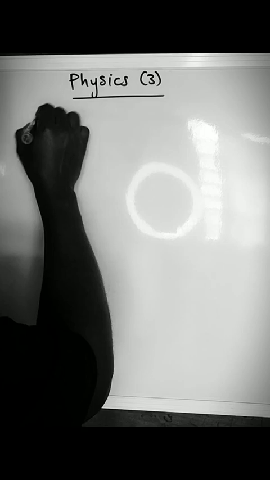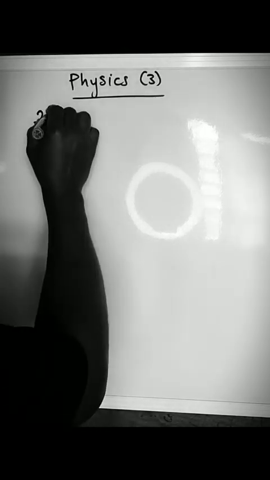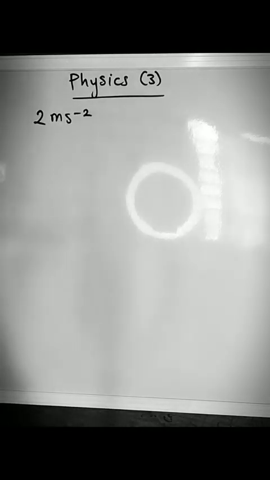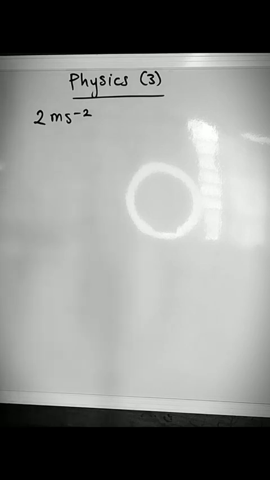I must point out that this question also does not require the use of a calculator. Since we have 2 units of acceleration, and the SI unit of acceleration is the meter per square second, 2 units of acceleration in SI would be 2 meters per square second.